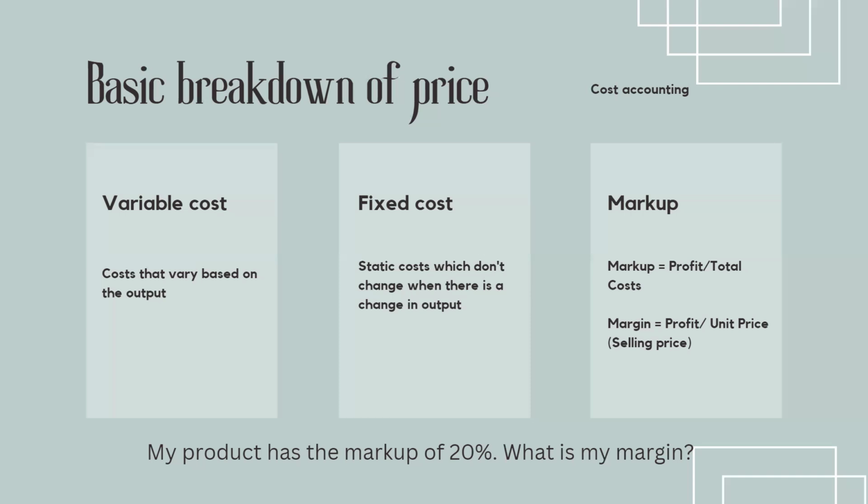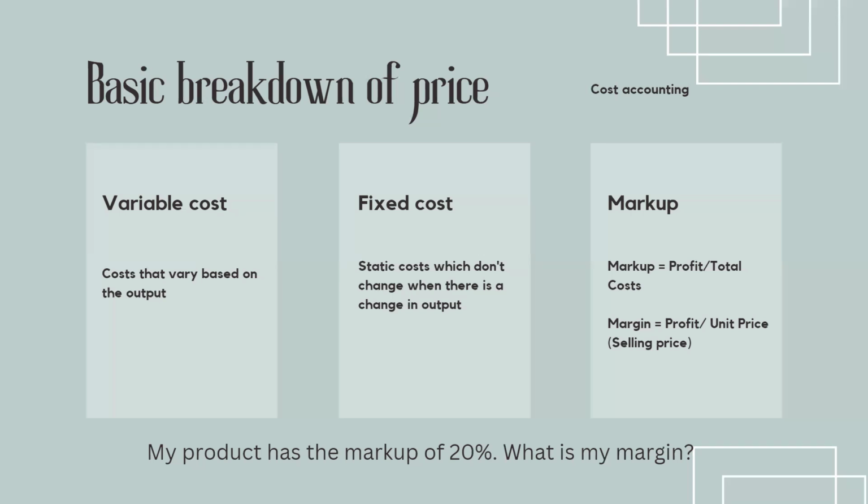And finally, since any manufacturer or business wants to get some profit for their operation, they need to add a markup. The markup here could be called the contribution or the profit. And the markup can be calculated by taking the profit divided by the total cost.